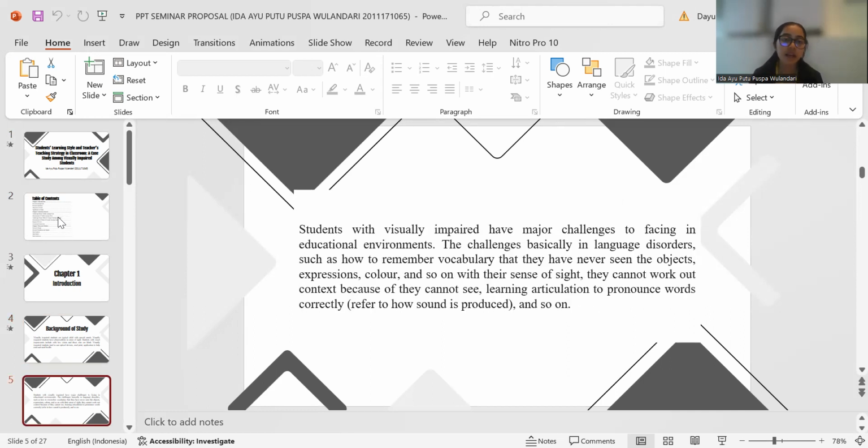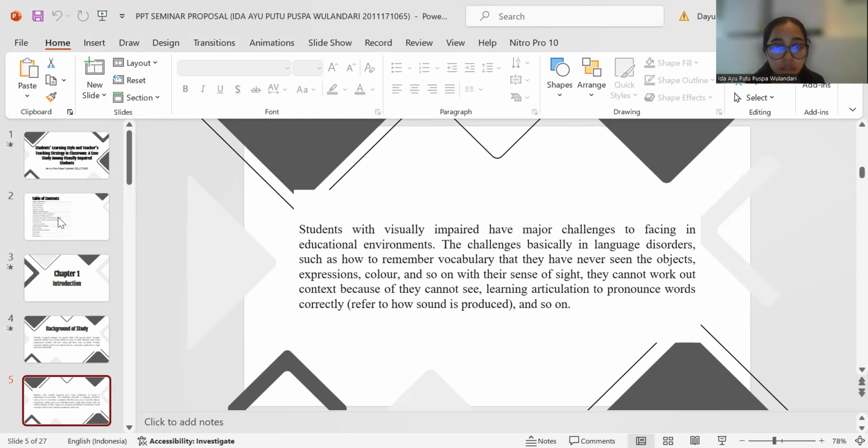Ladies and gentlemen, visually impaired students face major challenges in education. The challenges are basically language disorder, and difficulty remembering vocabulary for objects they have never seen before. Like this is an elephant, right? They never know the elephant's shape because they have never seen an elephant. So it is hard for them to remember vocabularies.